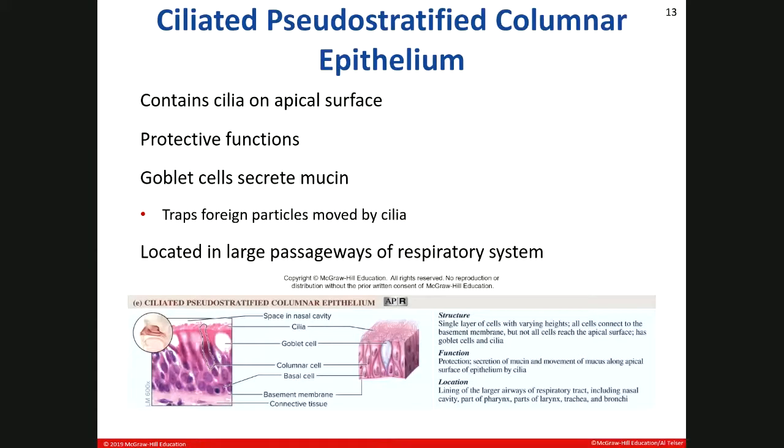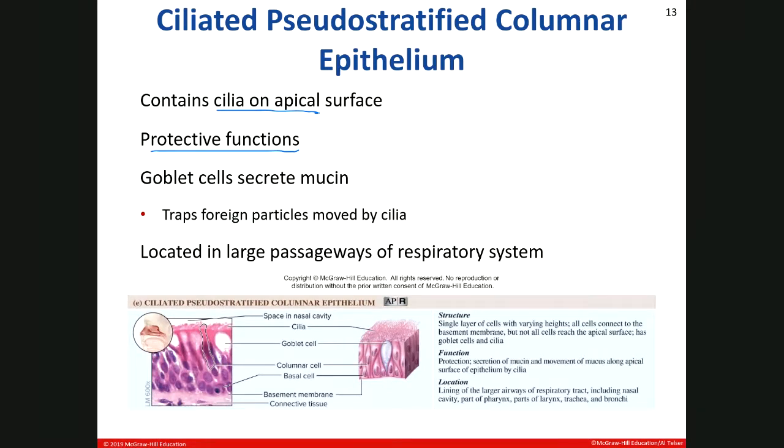So again, let's start by looking at our ciliated. The ciliated are going to have cilia on the apical surface, and we know that cilia are present to move things. They move things because the cells remain stationary, and the cilia will move things past the cell. In this case, it's going to serve a protective function.